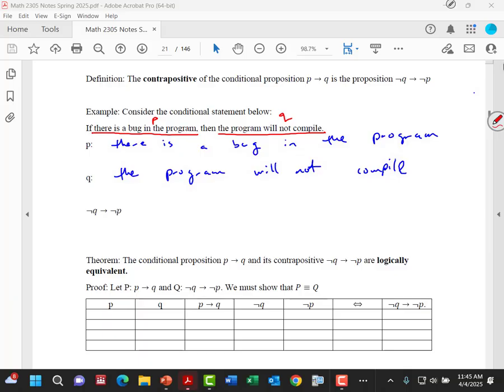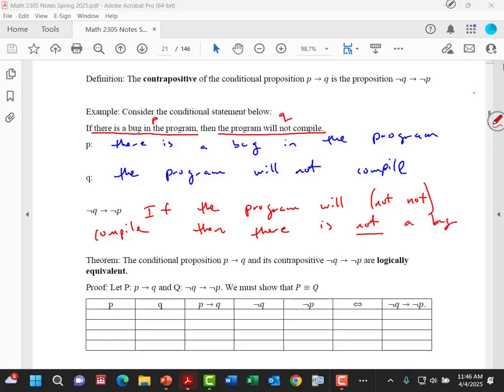So what would this be? This would be if the program will, and this is poor grammar, but I'll write it, not compile, then there is not a bug in the program.